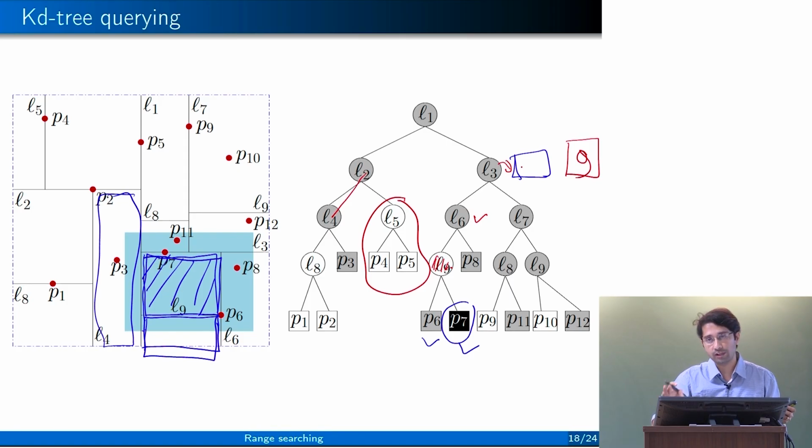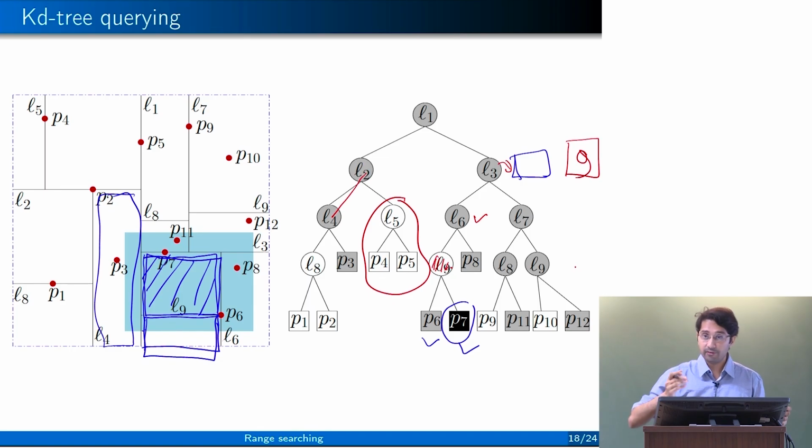If it does not intersect, I will do nothing, it becomes a white node. If it intersects, I will see whether it contains the whole rectangle associated with this or not. Then it becomes black. I do not have to go inside further. I will just report the points stored, or I will forward the count to the higher dimension.